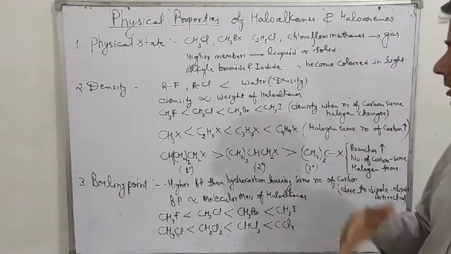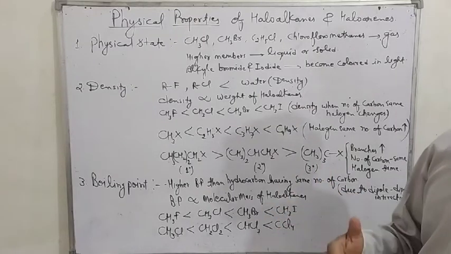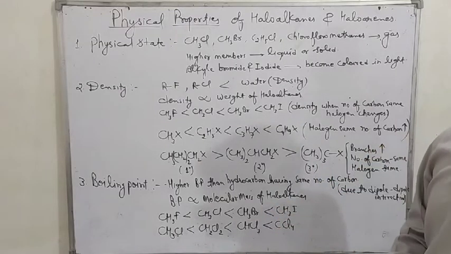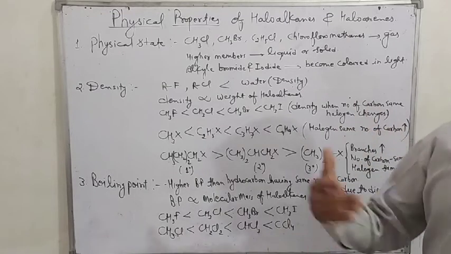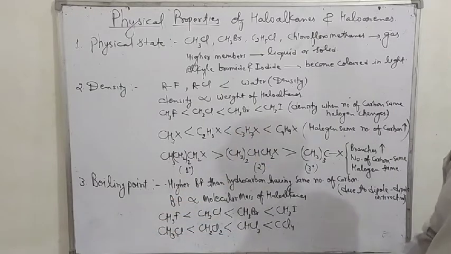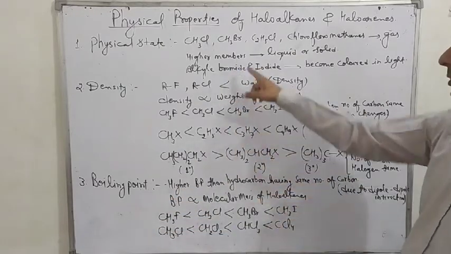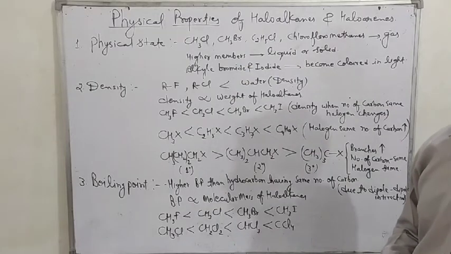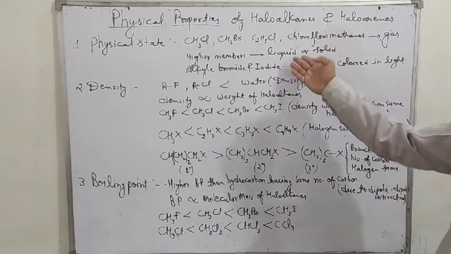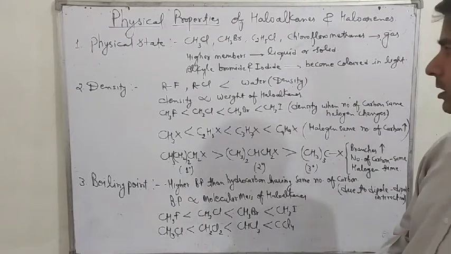If the number of carbons increases and the halogen groups attached to the alkyl group increase, their molecular mass increases, so their physical state changes consequently. Here you can see the higher members. Higher members means haloalkanes having 3 carbons, 4 carbons, 5 carbons; they are found in liquid or solid state.